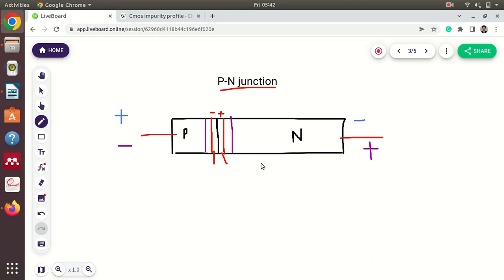And if we use the forward bias connection, that is plus to p and minus to n, then the barrier width will decrease.